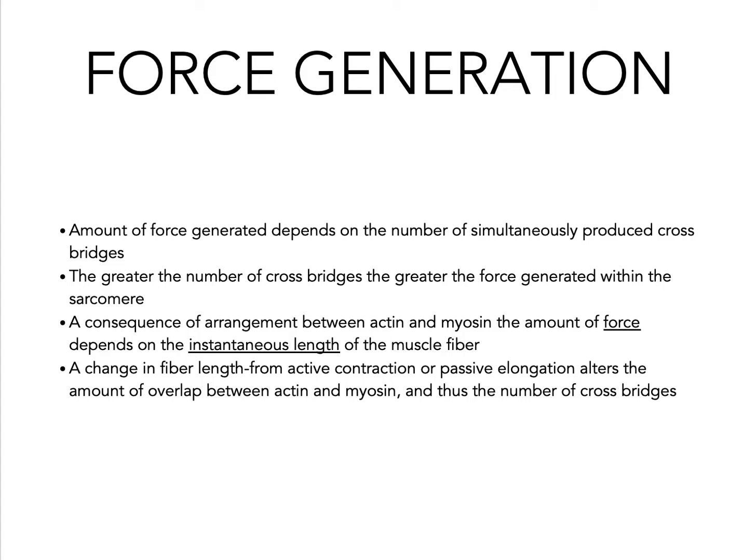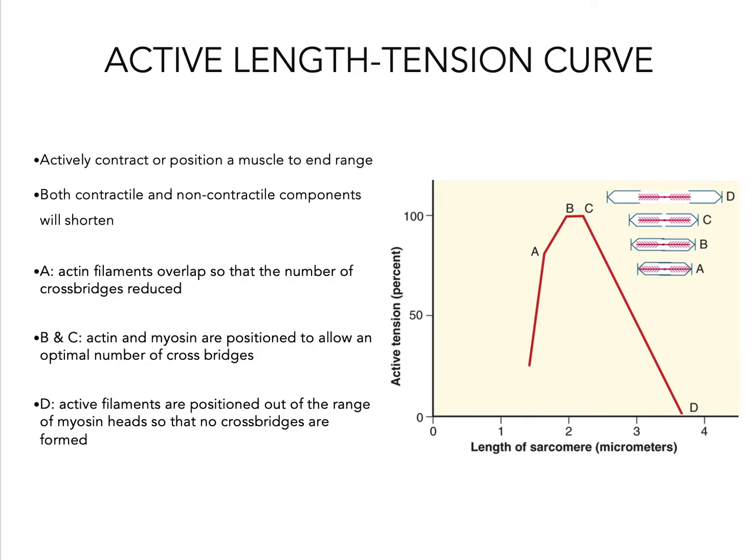A change in fiber length from active contraction or passive elongation alters the amount of overlap between actin and myosin, and therefore the number of cross bridges available to form. So let's take a look at the active length tension curve.